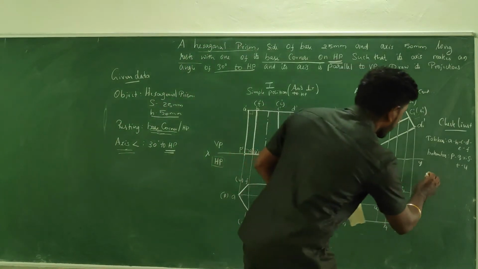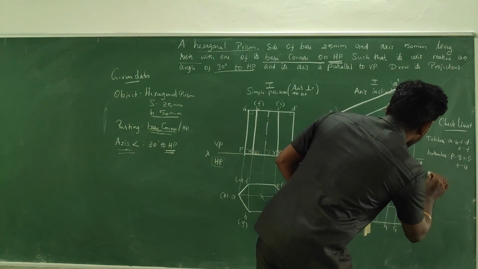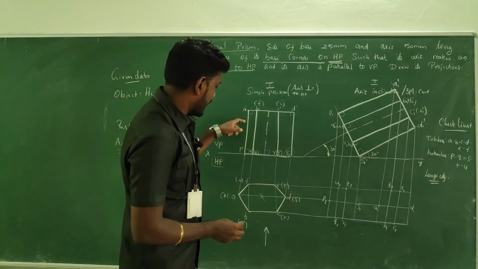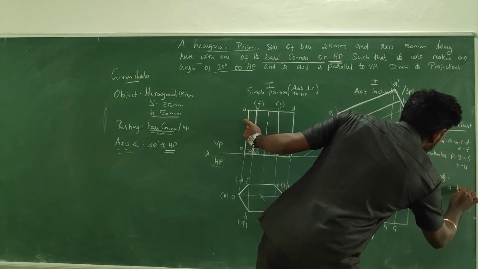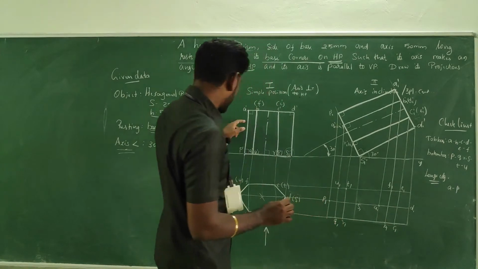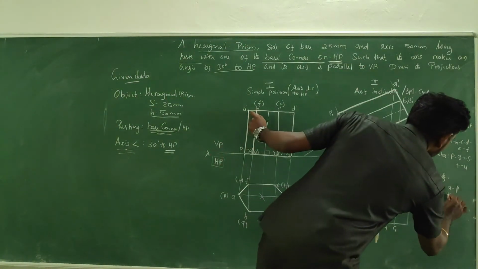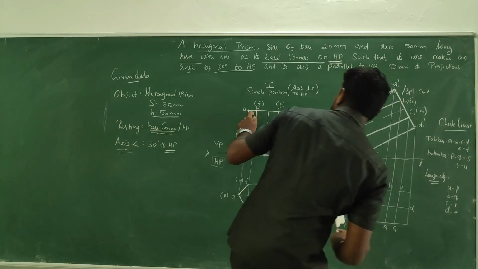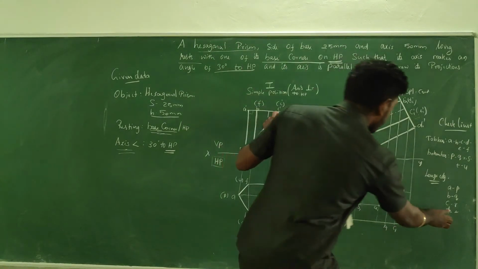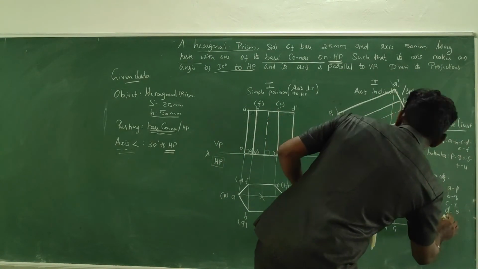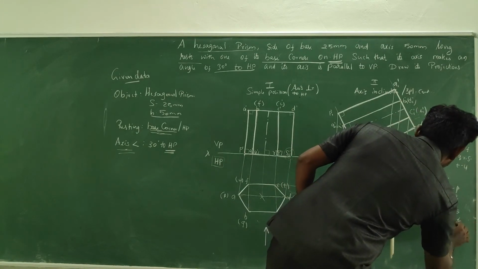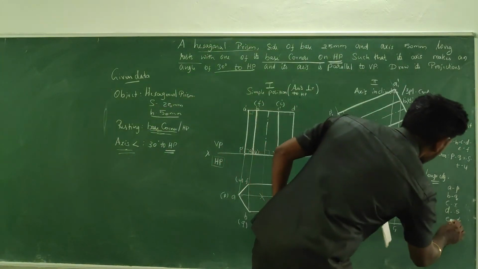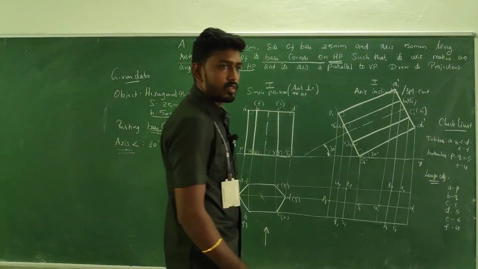Likewise, we should not miss any, so write the longer edge connections: A to P, then B to Q, C to R, D to S, E to T, and F to U. These are the longer edges.